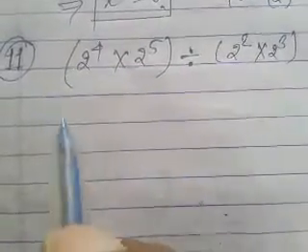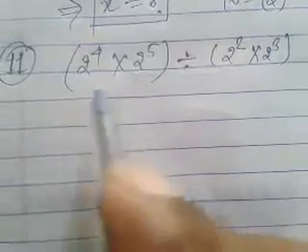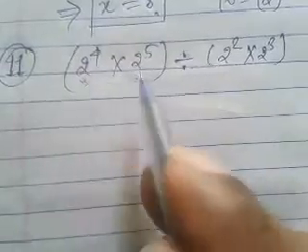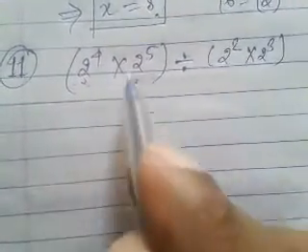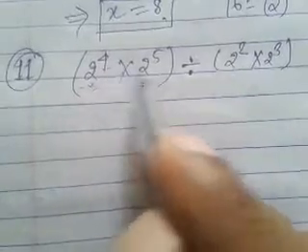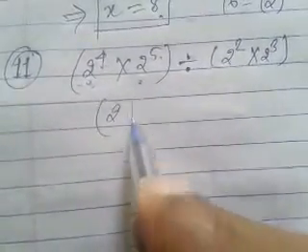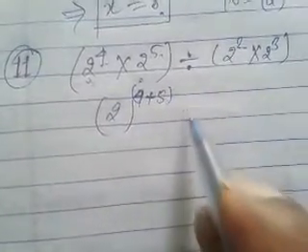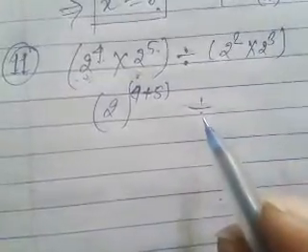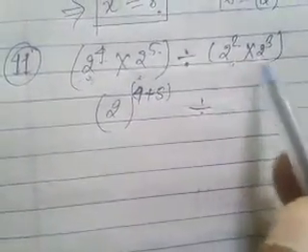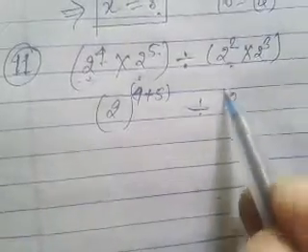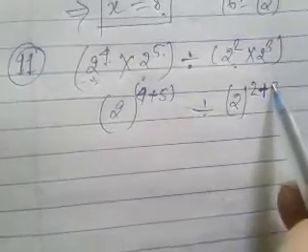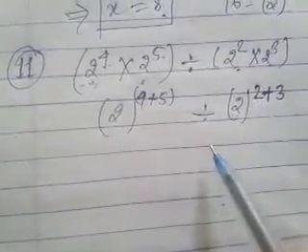Now question number 11 is solved. Apply the law of exponents here. Because the base is the same, in case of multiplication we can add the powers. So we can write 2 raised to the power 4 plus 5, divided by, again because the base is the same, 2 raised to the power 2 plus 3.